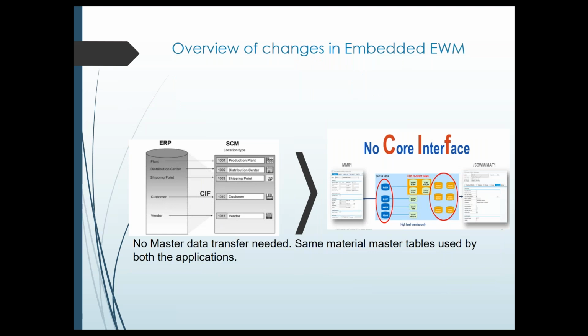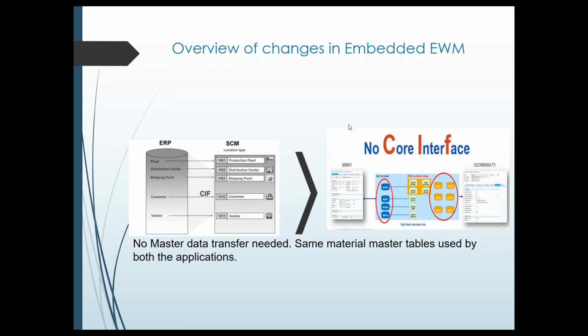When we talk about master data, earlier we used to transfer your plant, your customers and your vendors to your EWM system, and we called them business partners, using a tool called the core interface. That's a method we used all the time.